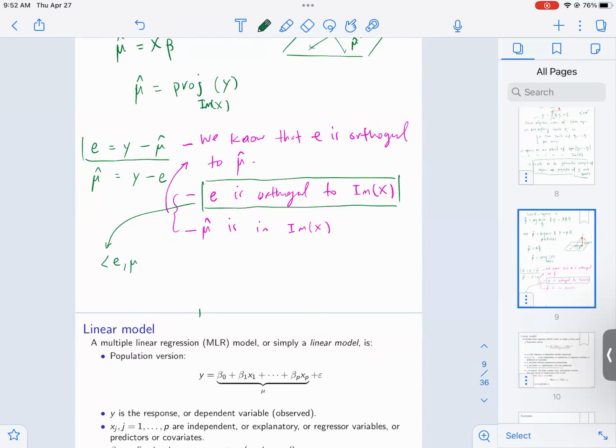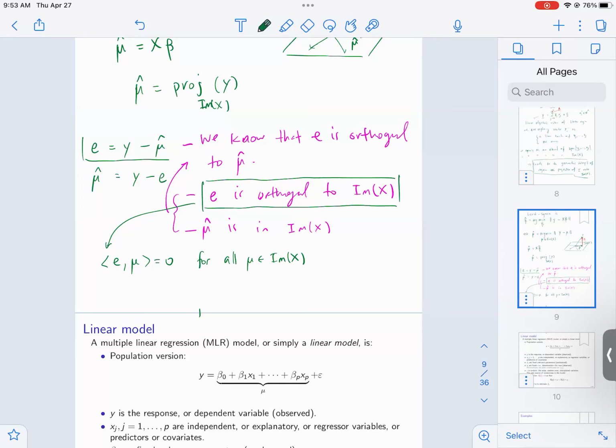That would be the top one, corresponding to the first one. I want to write the second, this green box. For any element in the image of X, E times mu is 0 for all mu in the image. Okay, this is good. Still a little bit abstract.